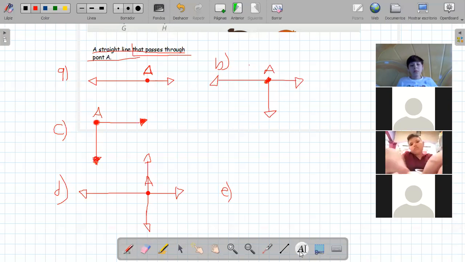A segment has two points, A and B. Then we draw the two points, and it doesn't matter if we don't have the arrows.